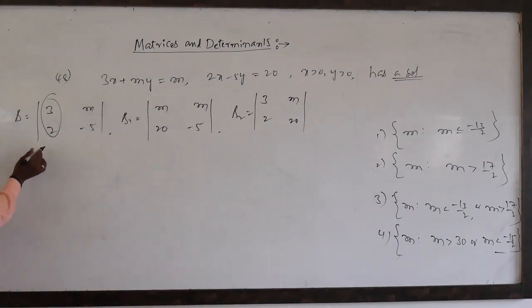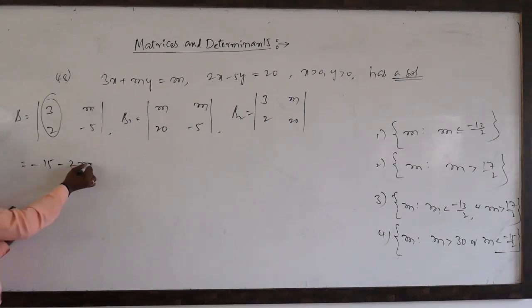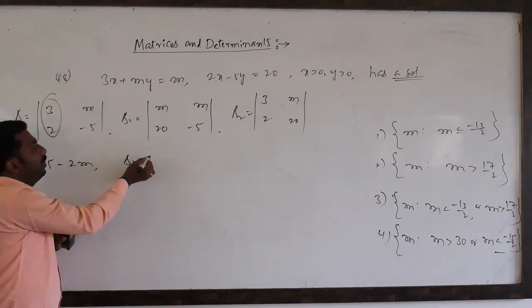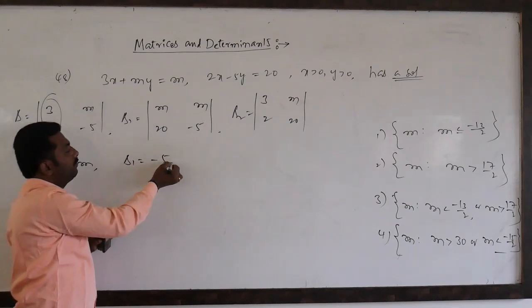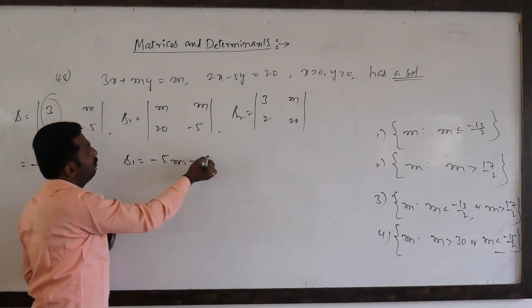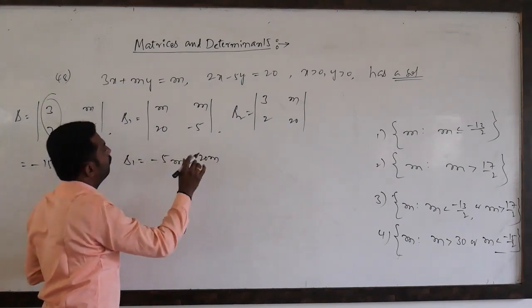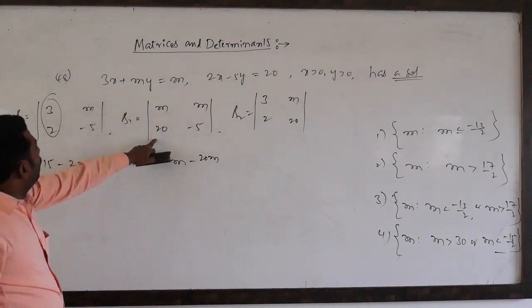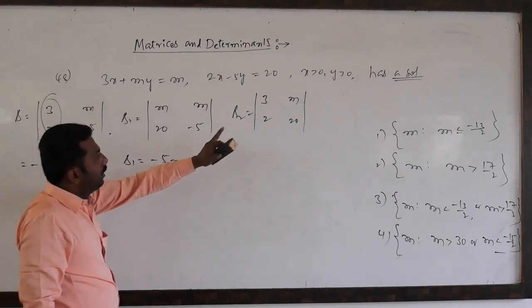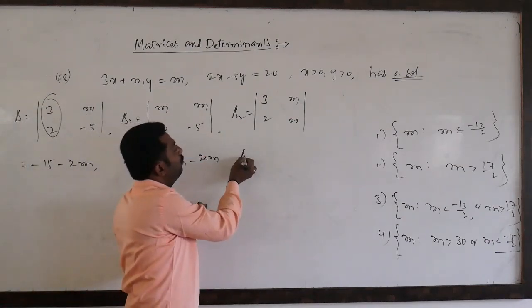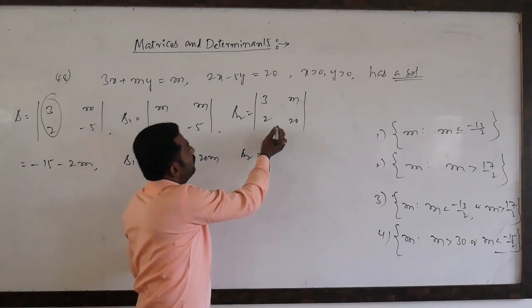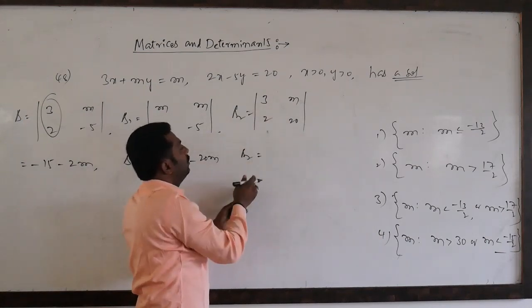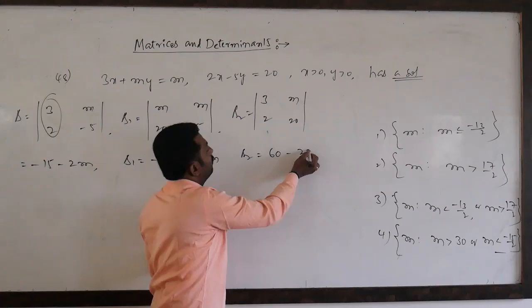So delta equals -15 - 2m. Delta 1 equals -5m - 20m. Delta 2 is 60 - 2m.